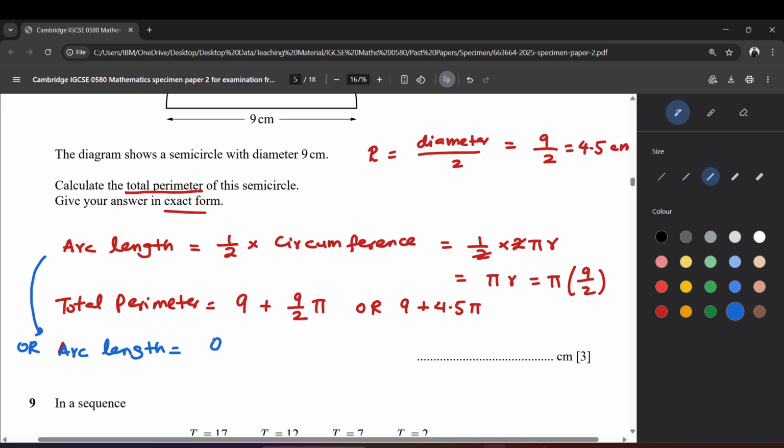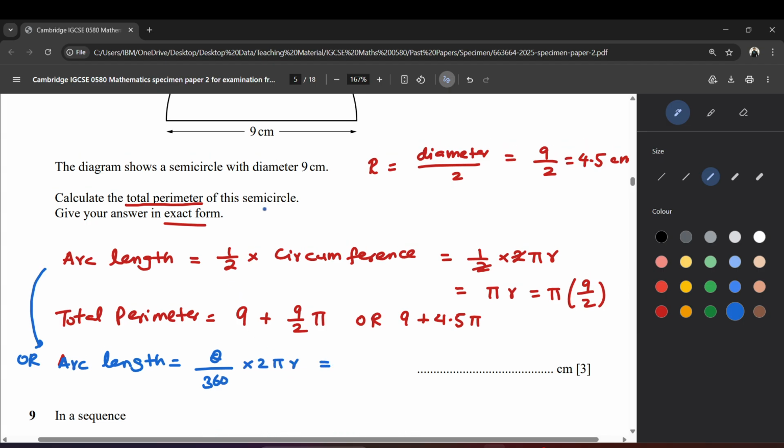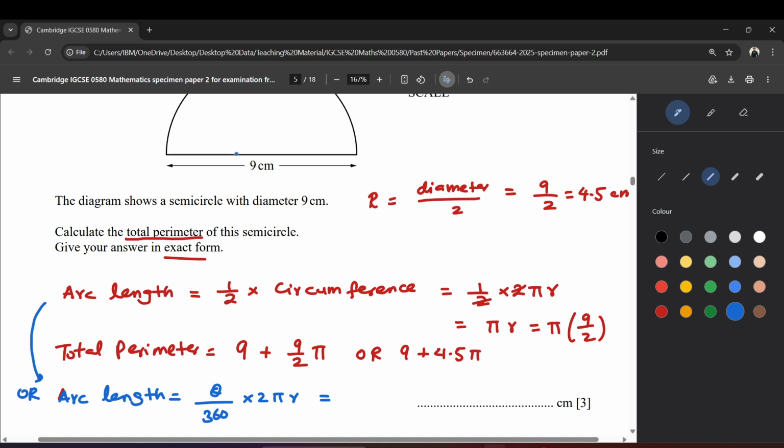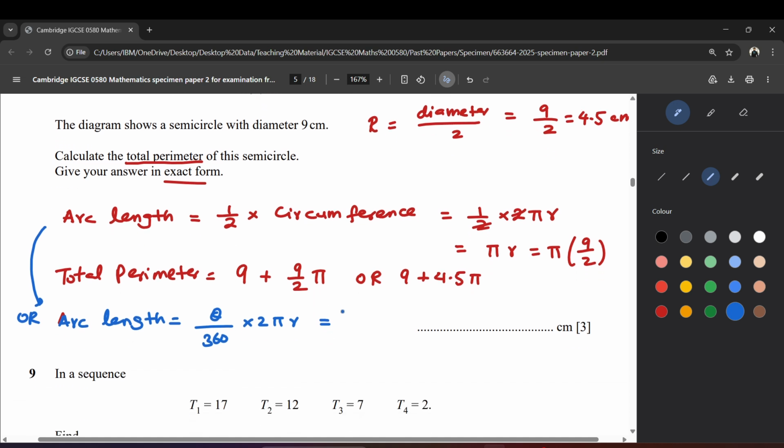That is theta upon 360 multiplied by 2 pi r. Now, because this is a semicircle, we know that the angle at the center is 180 degrees. So I can say 180 over 360 times 2 pi r. 180 upon 360 becomes 1 upon 2.